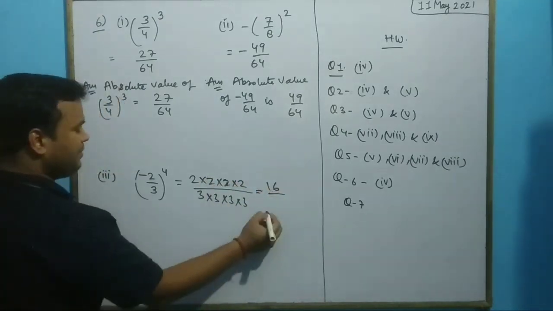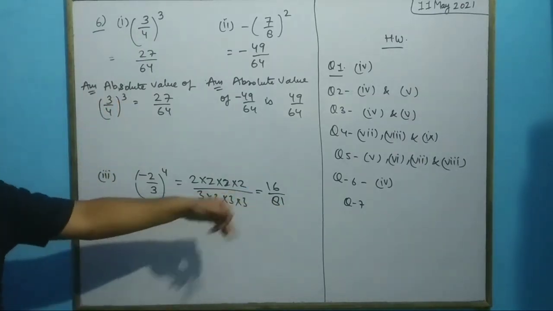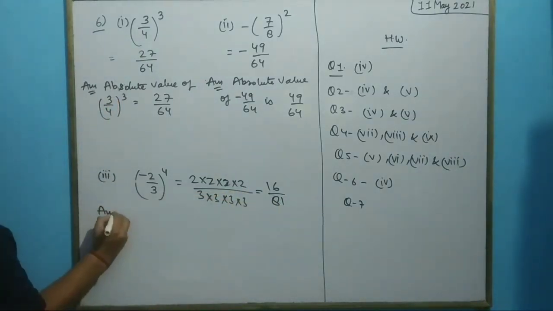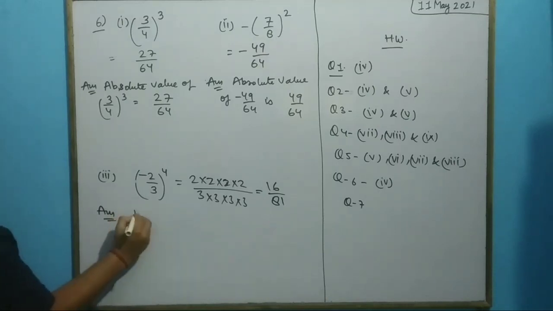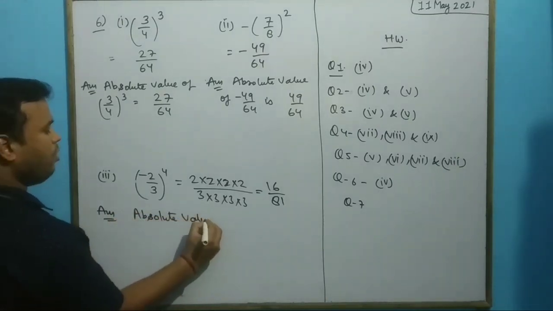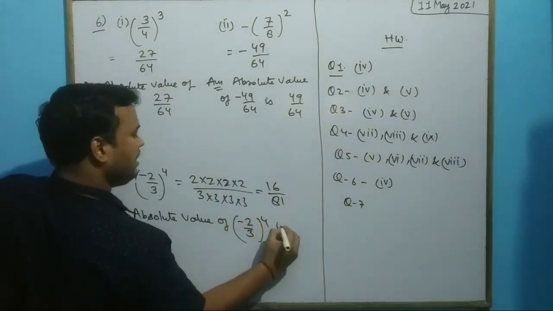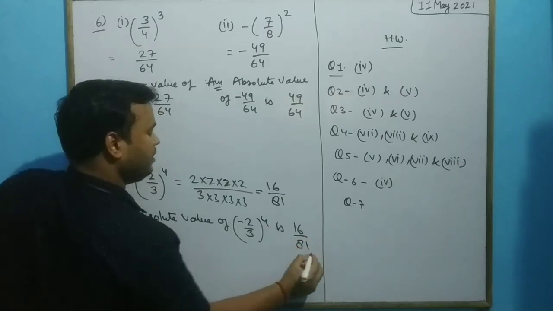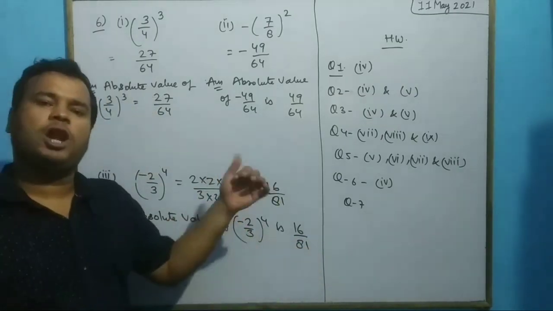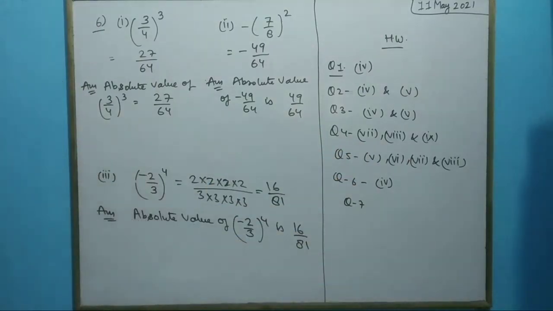And 3 multiplied 4 times is 81. It is already positive, so the absolute value will also be positive. So the absolute value of minus 2 by 3 the power 4 is 16 upon 81. Absolute value will always be positive. Note down your homework, do it, keep studying, take care, goodbye.